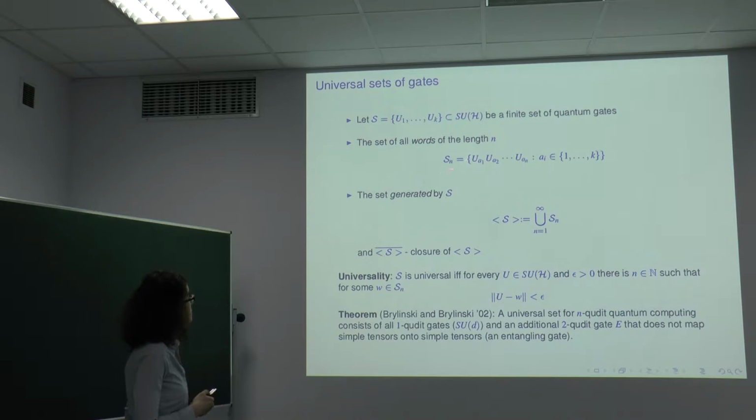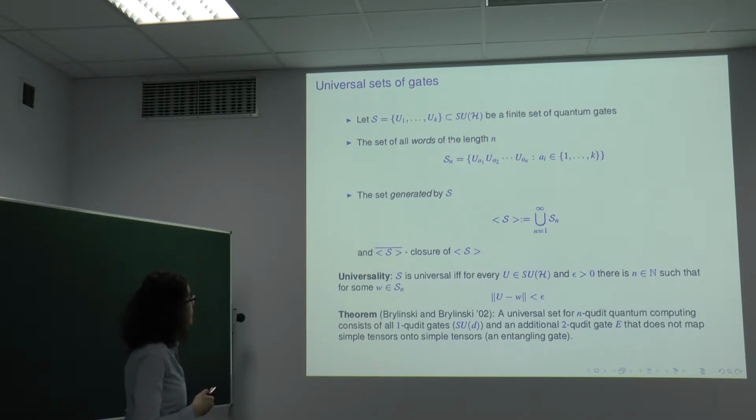So let us define the set of compositions of the gates from the set S of length n. In the quantum information community, such compositions are usually called words, and let us denote the set by S_n. So this is the product of U_a1, U_a2, up to U_an, where a_i can be different or can be the same.